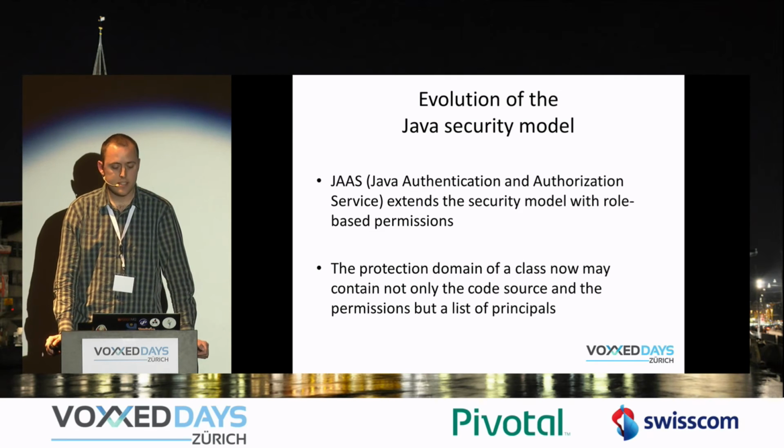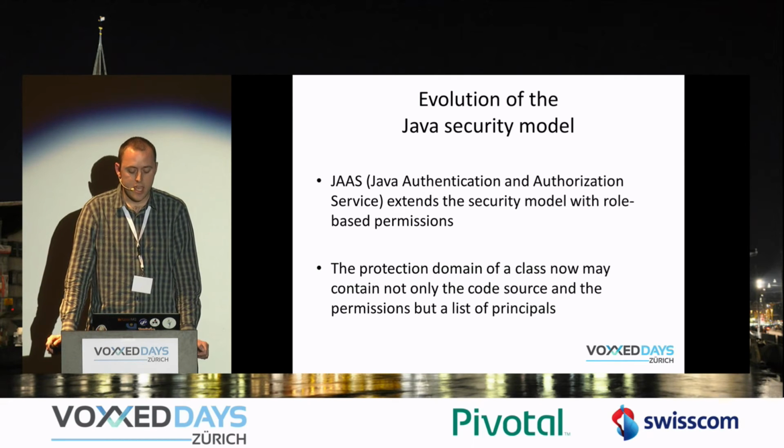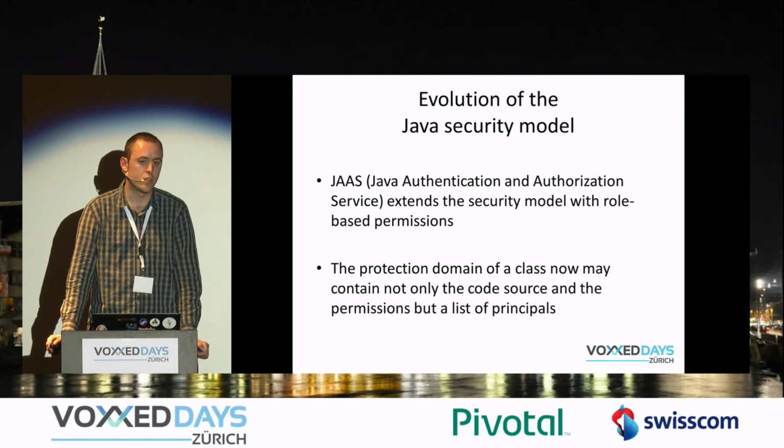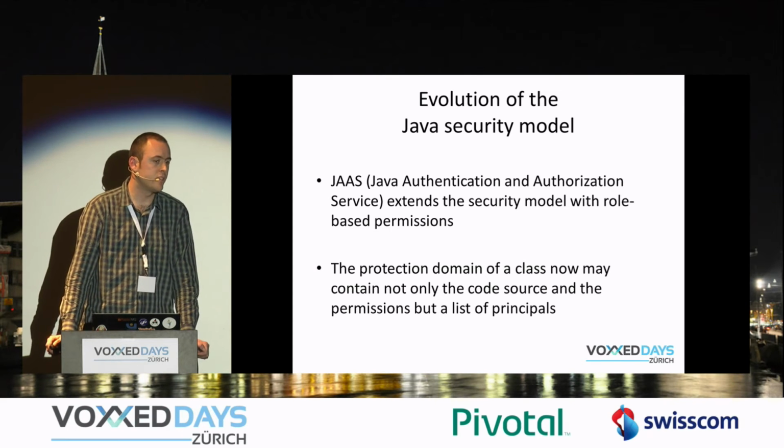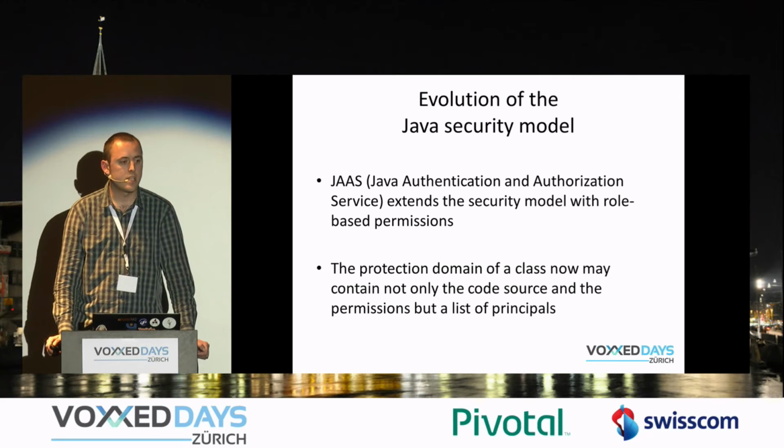JAAS has two parts, and the authentication part is not related to the Java security sandbox model. It uses pluggable authentication modules to allow you to define different ways of authenticating the user that's running the Java code. For example, you can authenticate the user against a database, against an LDAP server, and so on.